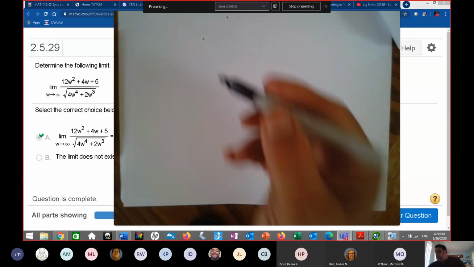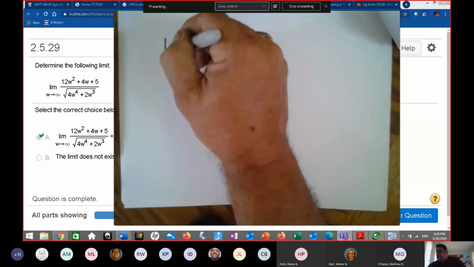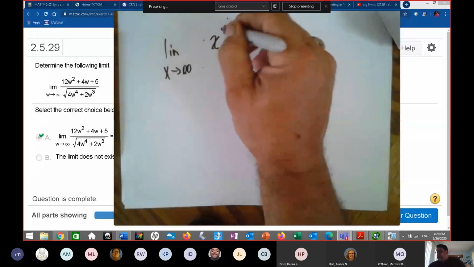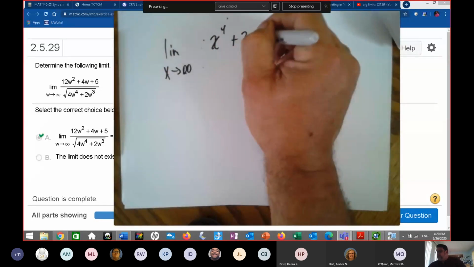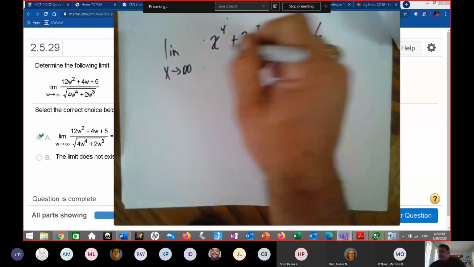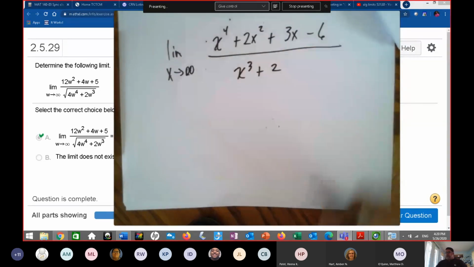If I give you limit as x approaches infinity of x to the fourth plus 2x squared plus 3x minus 6 over x to the third plus 2. Well, what's the highest degree in the bottom? X to the third.